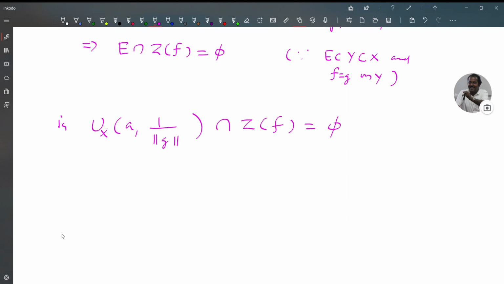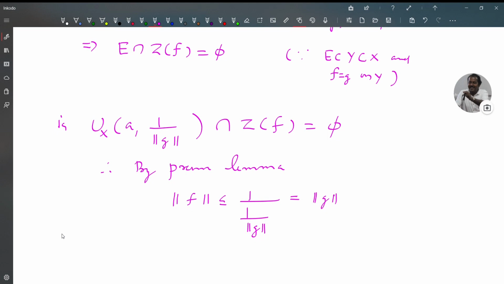Therefore, by the previous lemma, norm f is less than or equal to 1 by r. So here r is 1 by norm g, so 1 by r is norm g. That is, norm f is less than or equal to norm g. This is 2.